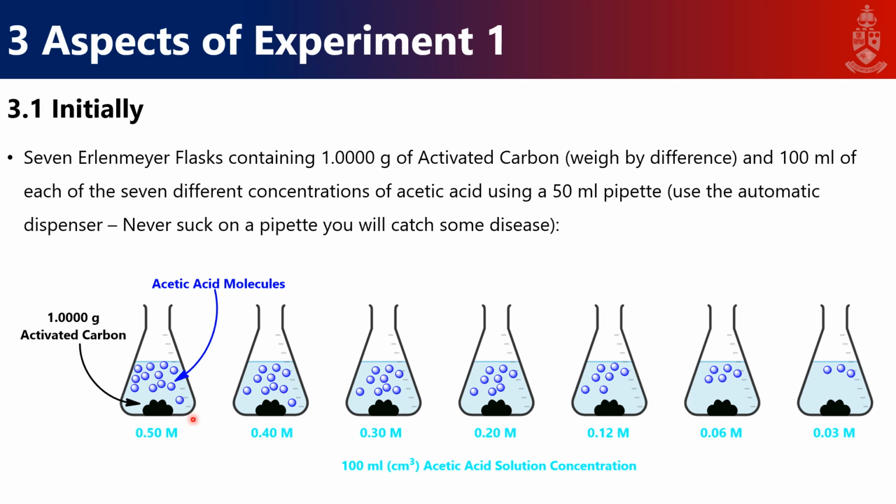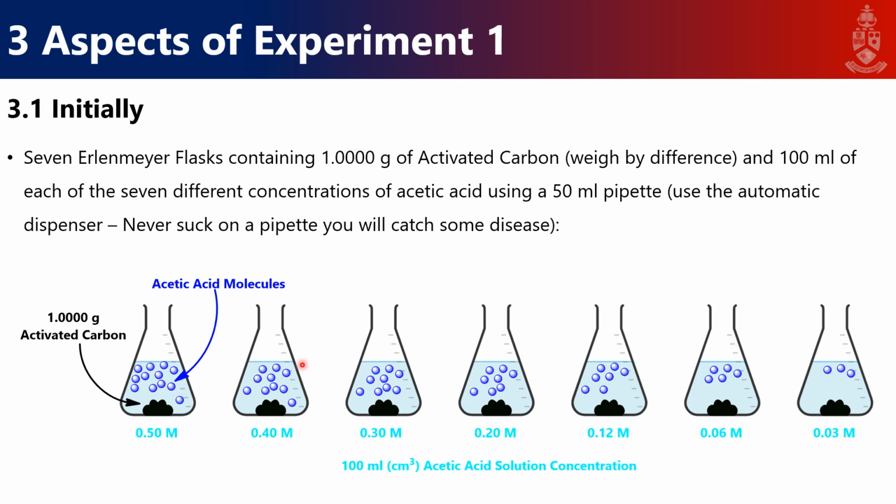The way you're going to test that is by setting up 7 Erlenmeyer flasks, each containing 1 gram of activated charcoal, the black lumps, and then having a different concentration of acetic acid. In other words, it's a solution of acetic acid in water.